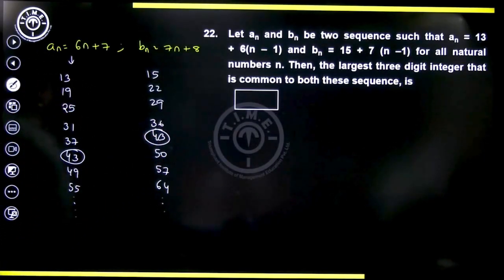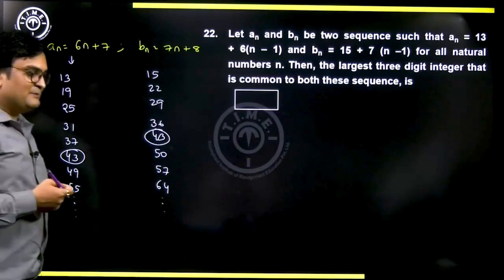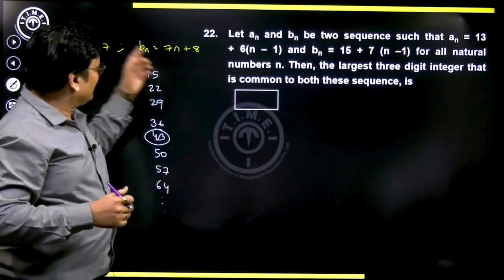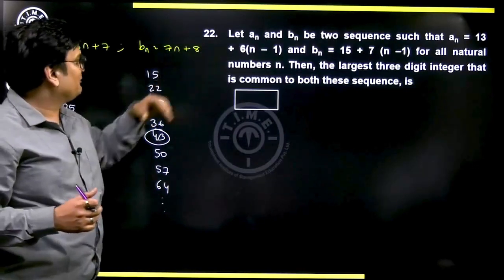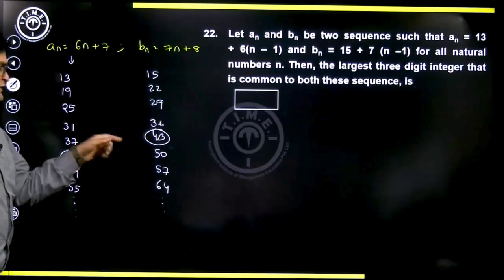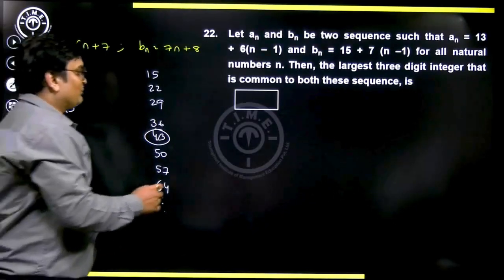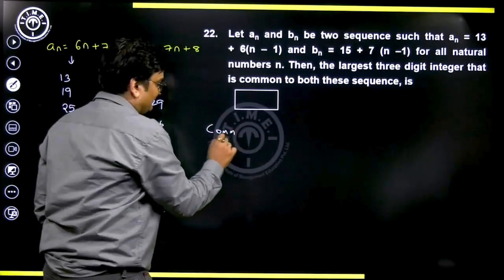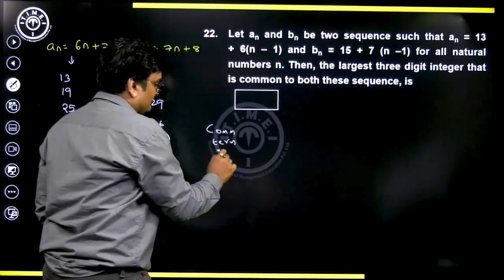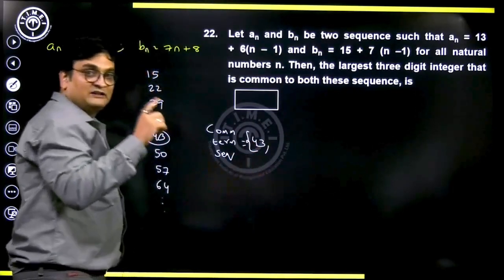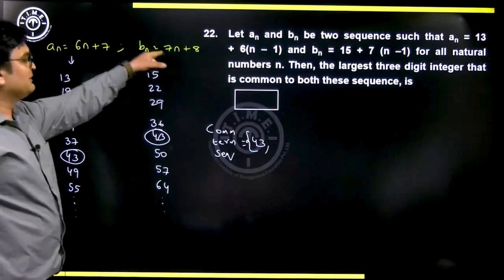Also notice, this is the same question as common terms for two APs in arithmetic progressions, but given in a slightly different format. This is one AP, this is the second AP, the first common term I know is 43, and my common terms sequence will start with 43 and have a common difference of LCM of 6 and 7.